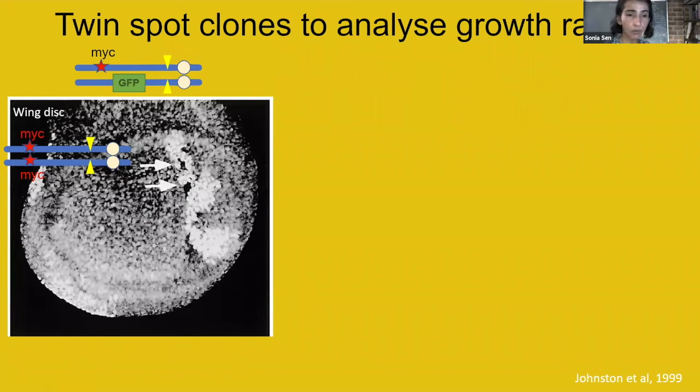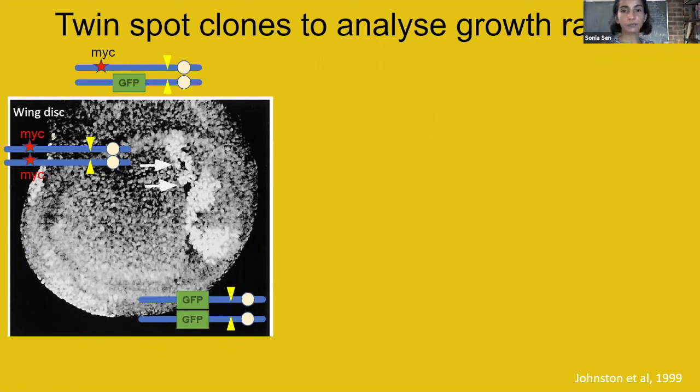But the twin spot, so that's these cells over here, the much brighter color, would be the twin spot of this event, meaning that they would have inherited both copies of the ubiquitous GFP. And so that's why they're much brighter GFP than the background.